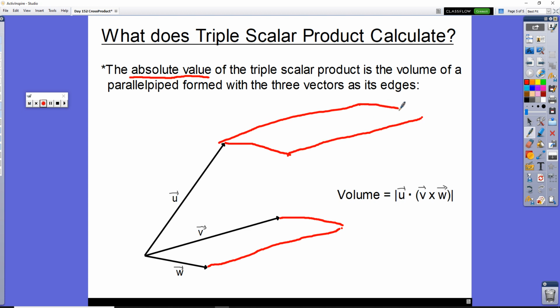You're actually finding the volume of this three-dimensional shape. It's kind of like a prism on a slant. Now remember, cross product could be positive or negative. We want to make sure volume is always positive, so we're going to put absolute values.